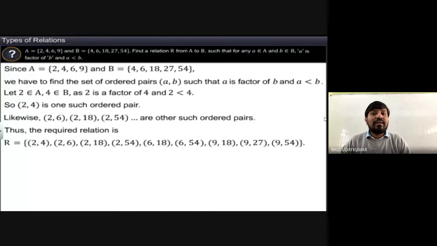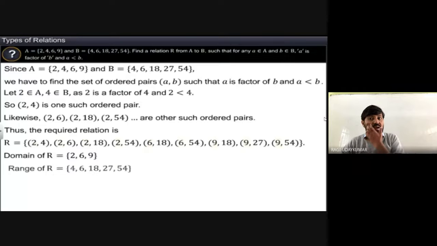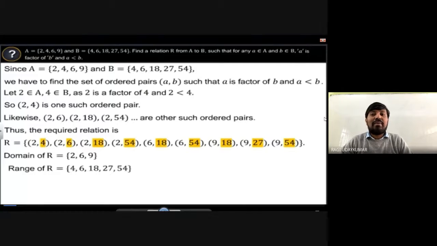Like that you take the 4. 4 is a factor of which elements? Only those which are to be taken into consideration. So whenever you are considering the elements here, clearly observe: (2, 4), (2, 6), (2, 18), (2, 54) and (6, 18) is given, because from 4 nothing was taken. Why?